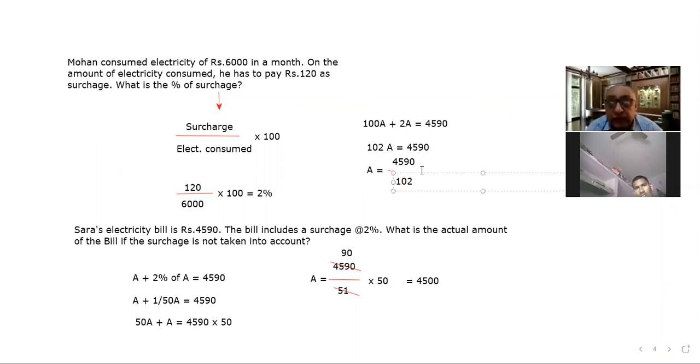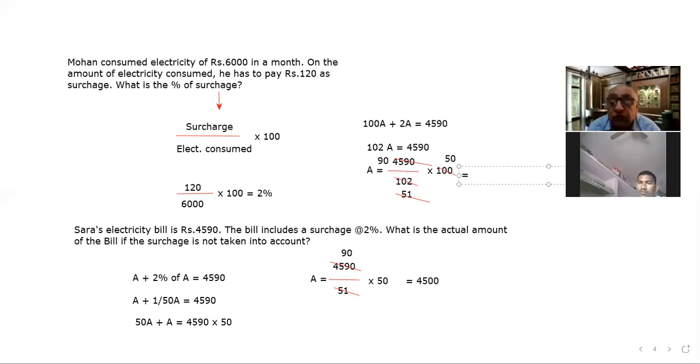And because we are to find it in percentage form, that is why we will multiply it by 100. So when we solve this, we find that 2 is common in these two, so it will become equal to 50 upon 51. 4590 is divisible by 51, so we will cancel this and write here 90, because it becomes 90 when 4590 is divided by 51.